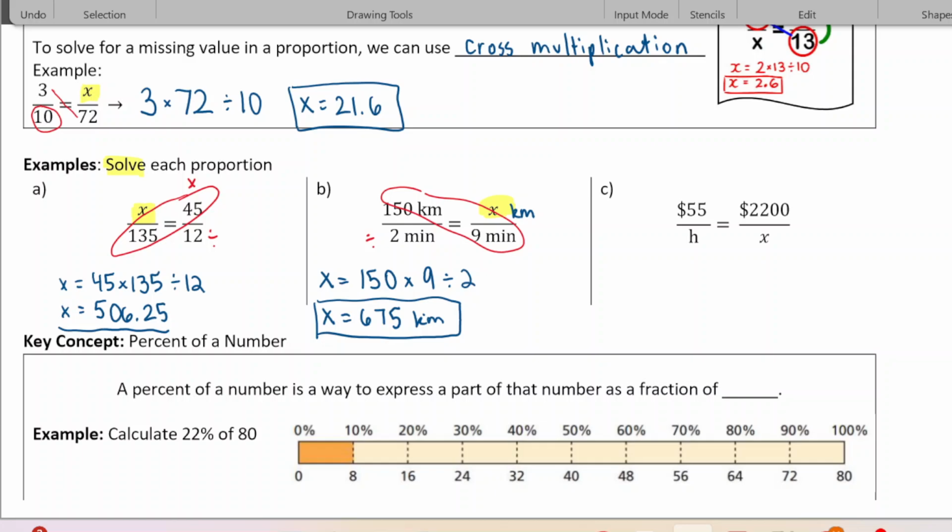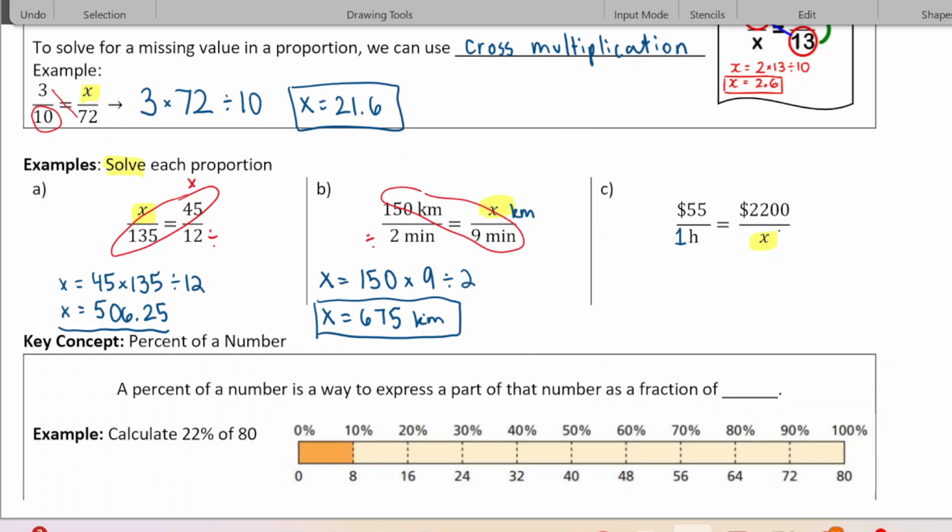Okay, and this one has units as well. Now this one here, I put something different. So notice in the denominator of that first fraction, it says $55, and then it just says hours or H. So if there's no number here, that just indicates a 1. So what we want to do here, it says $55 in 1 hour, $2,200 in an unknown number of hours.